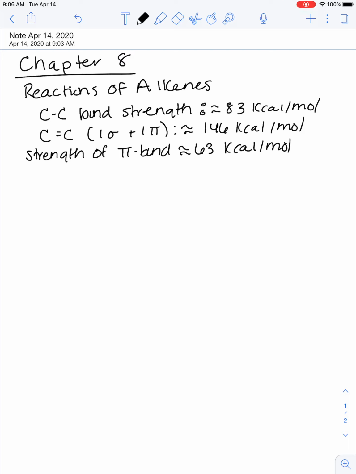When we look at a carbon double bond carbon, so that means one sigma bond and one pi bond, we have a bond strength of approximately 146 kilocalories per mole. So that is showing us that the strength of the pi bond is approximately 63 kilocalories per mole. So the pi bond is 20 kilocalories per mole weaker than a sigma bond.